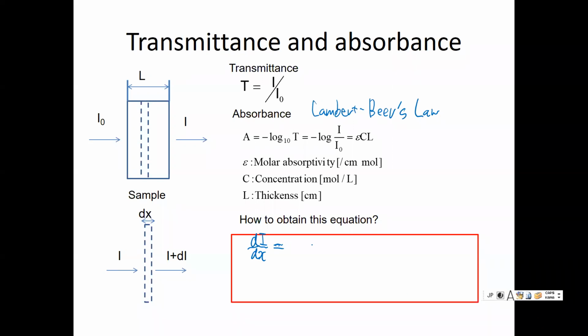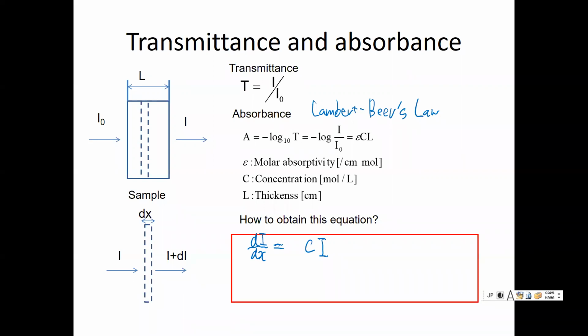Of course, you can easily imagine that this should be proportional to the concentration C. And also, this is proportional to the original intensity I. So if the original I is larger, the change is also larger.